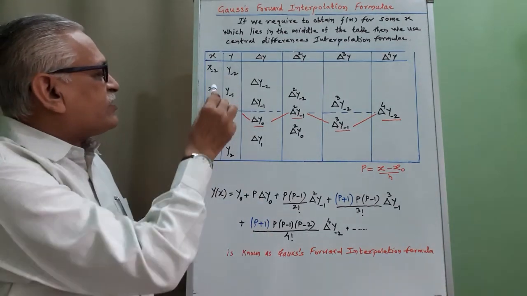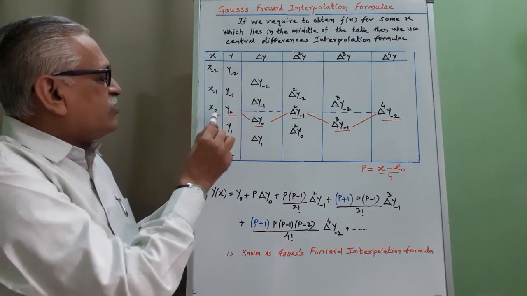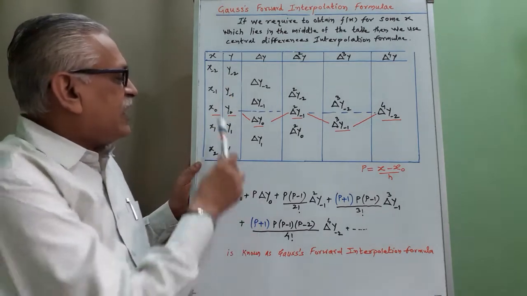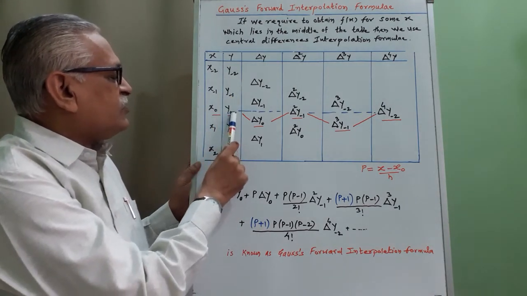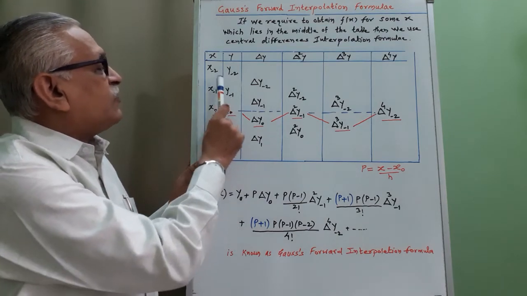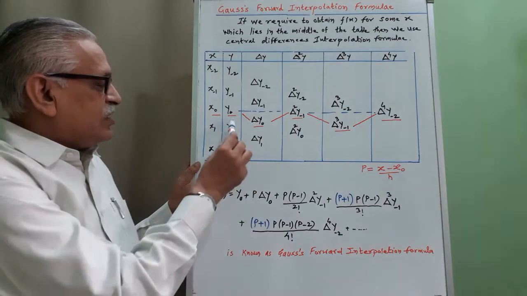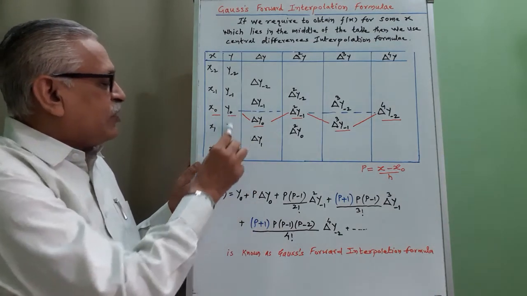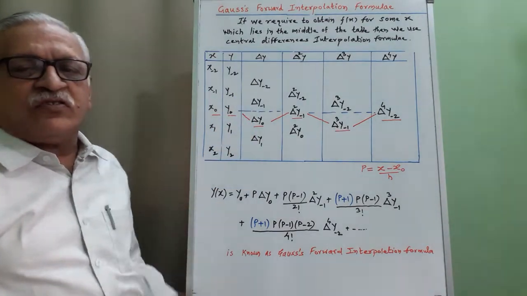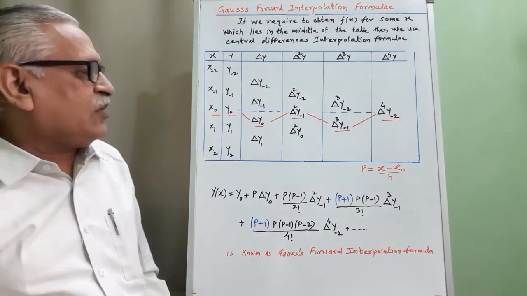Means the values of x are x0, x1, x2, x minus 1, x minus 2, and the corresponding values are y0, y1, y2, y minus 1 and y minus 2. Positive suffix below the value of y0 and negative suffix for the values above the central value.